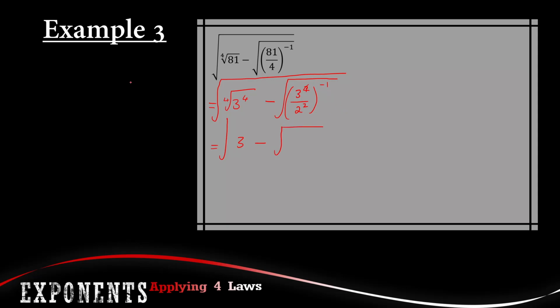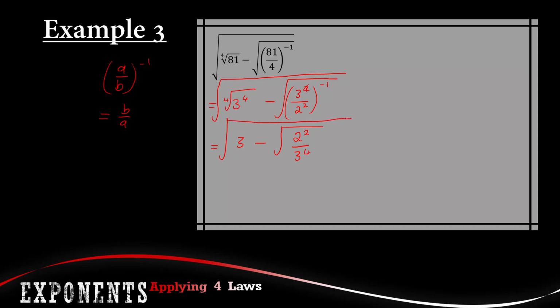Now when I have anything to the power of -1, like a fraction on the inside, for example a over b to the power of -1, the easiest way, rather than multiplying the -1 to every base and then taking all the negatives up and down, which is a long step, is to just swap everything on the inside. So this just becomes b over a. If you have a negative exponent there, you can make it positive and swap everything on the inside. So that's what I'm going to do here. This is just going to be 2 to the power of 2 over 3 to the power of 4.